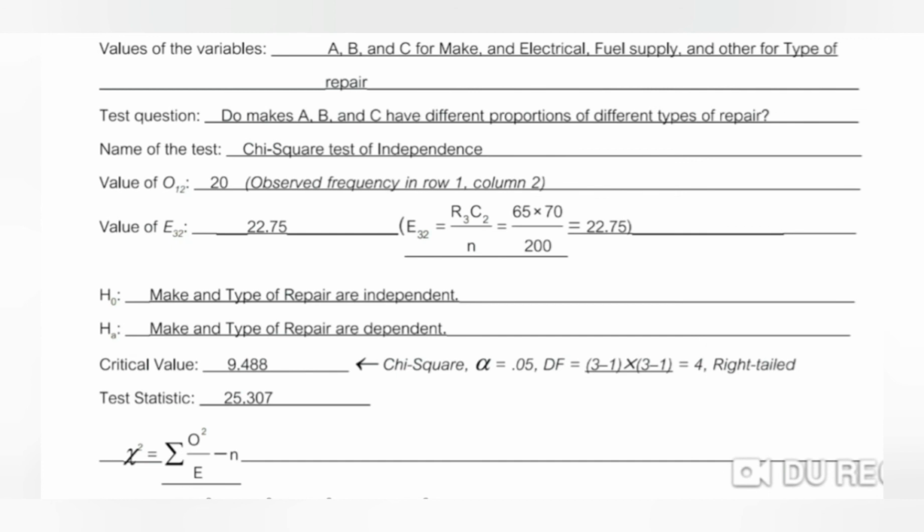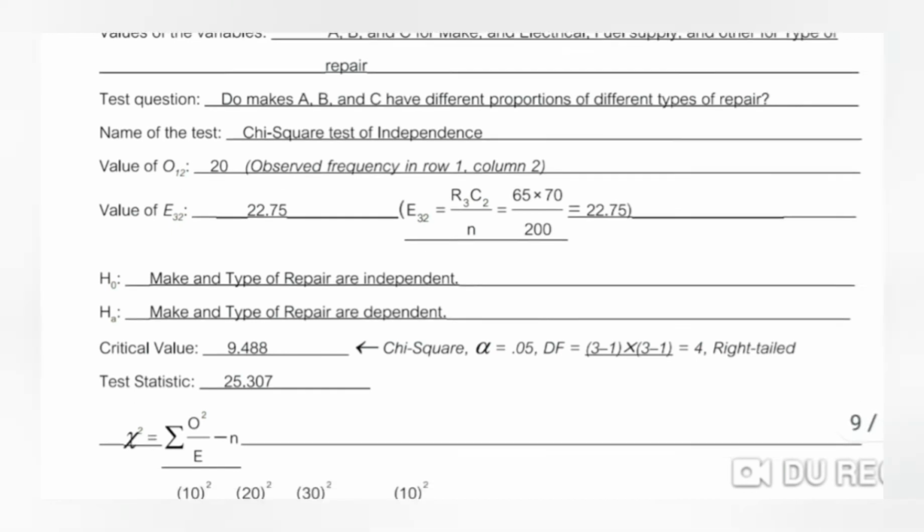If you add up all these sigmas, you get sigma of sigmas. Essentially, for each box of the table, you compute O squared by E, then add all. After that, subtract N from them. That's all.